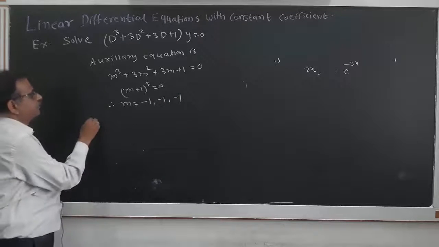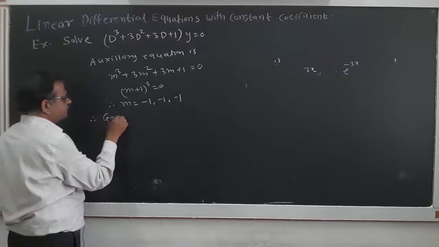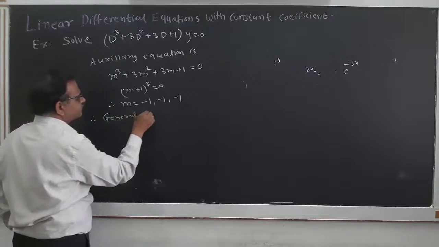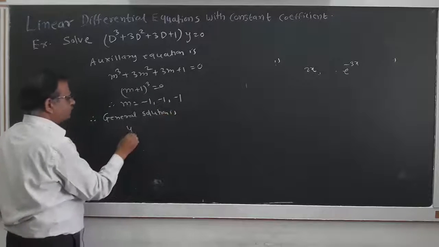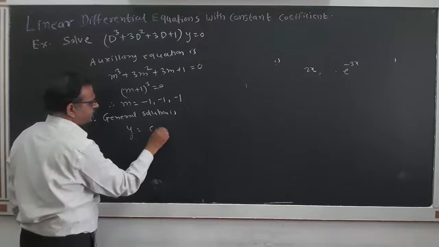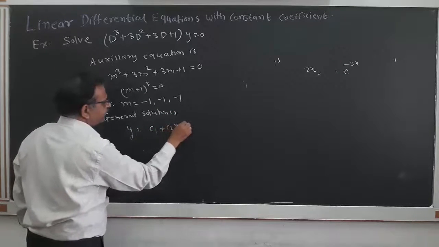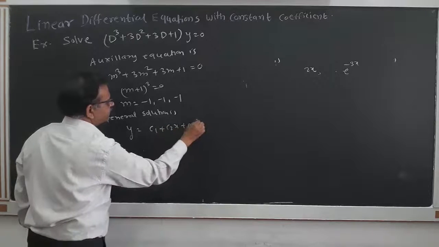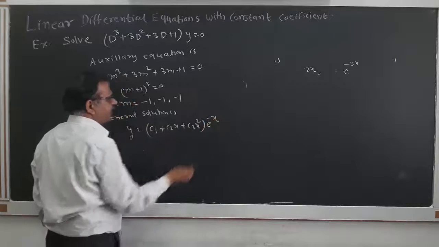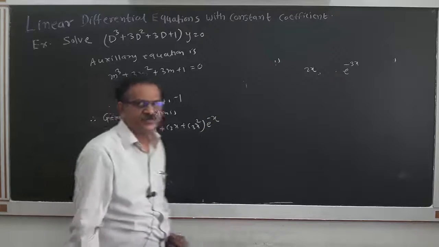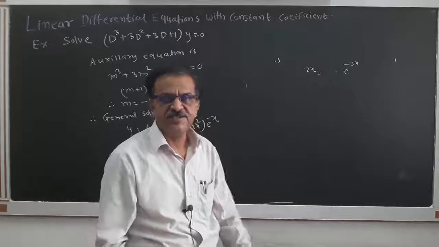And therefore, the general solution is y = (c1 + c2x + c3x²) e^(−x). As −1 is repeated 3 times, we have to take 3 constants c1, c2, c3.